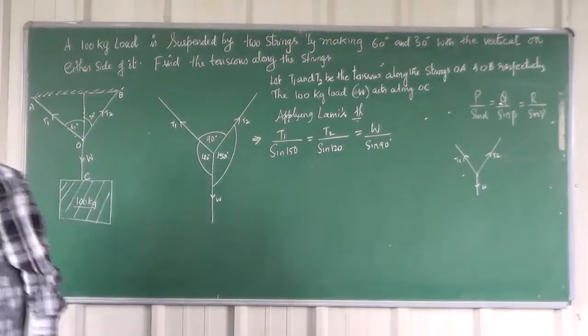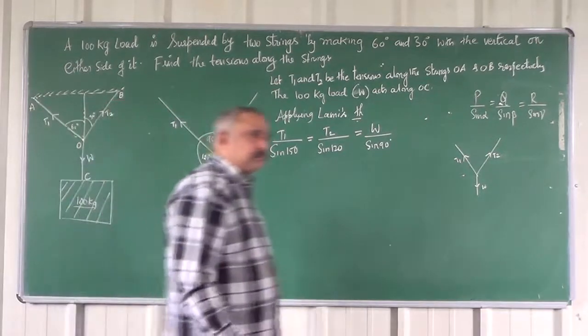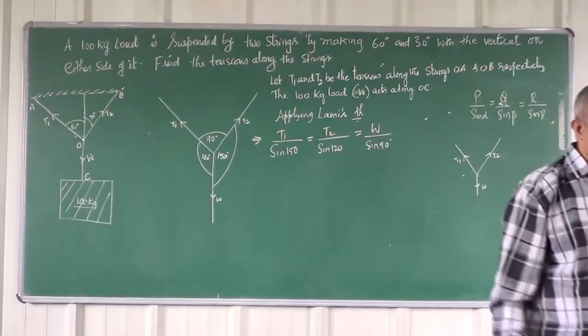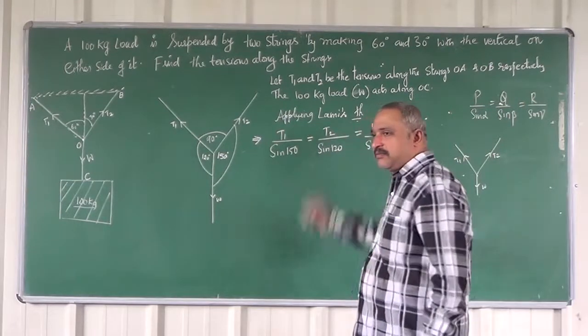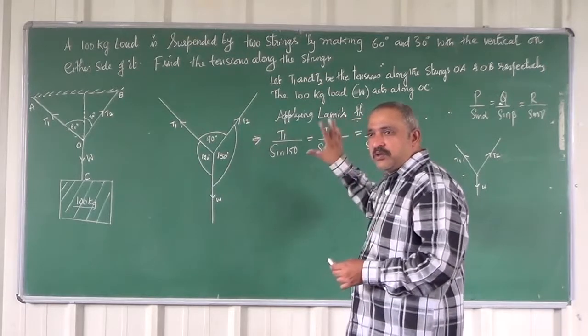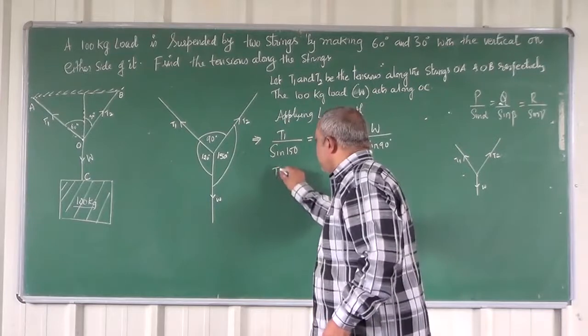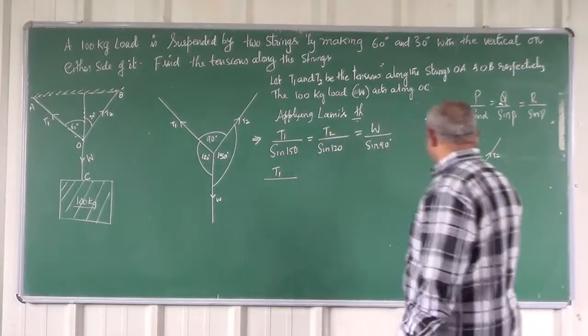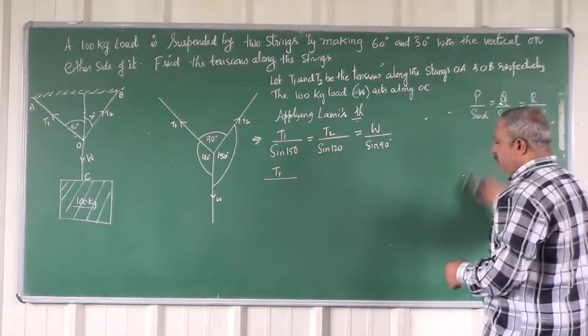Okay? This is Lami's theorem. Now, let me consider first and last. First and last means first ratio and last ratio. Then second ratio and last ratio. See this, T1 over sin 150. We need to get the value of sin 150 now.